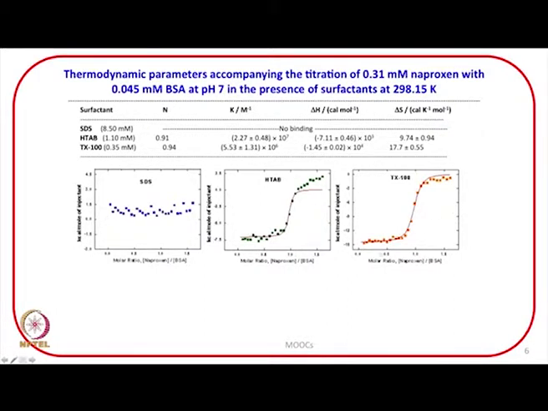And you see, this conclusion gets support because the non-ionic surfactant is not interfering in the binding to a large extent. It has only reduced the binding affinity from 10 raised to the power 7 to 10 raised to the power 6.